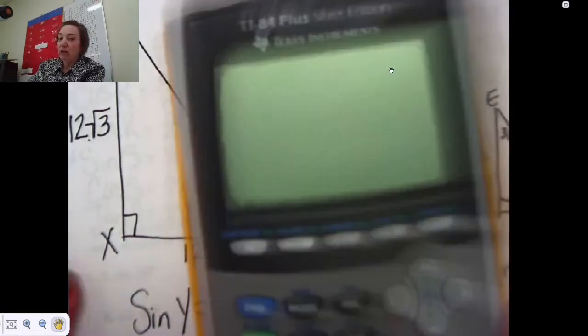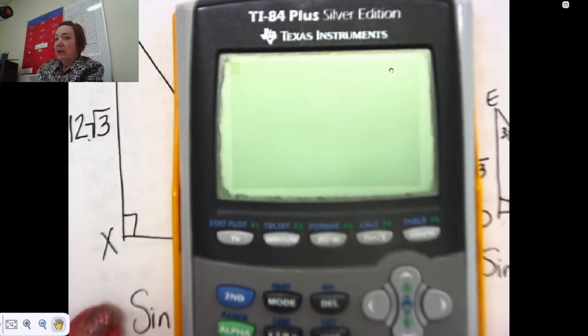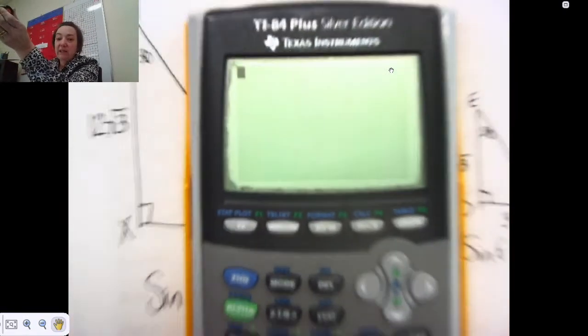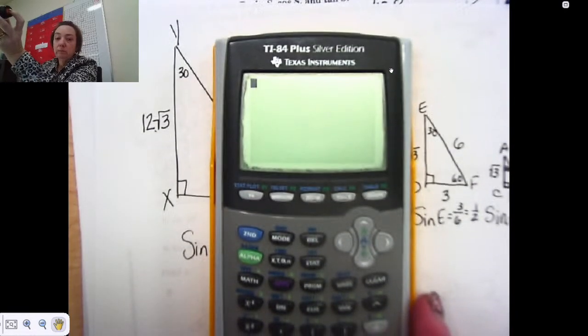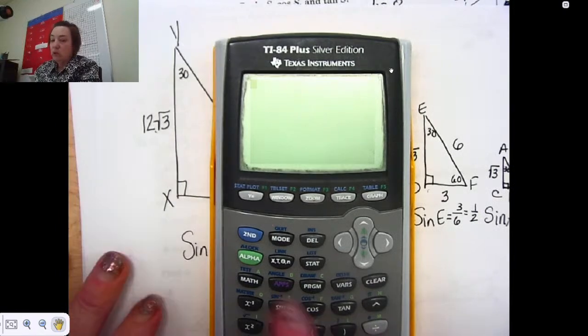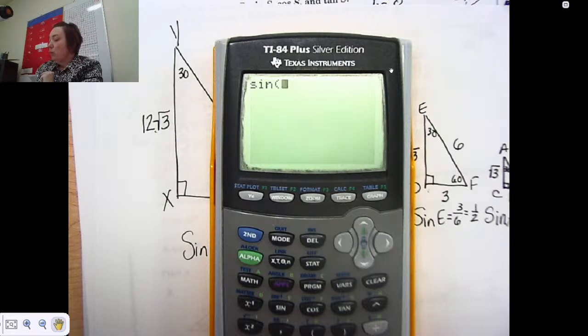Now, I want you to take your calculator that we just put in degree mode, and hit the button that says sine. This one right here. And then put 30. We're going to find the sine of 30 degrees.